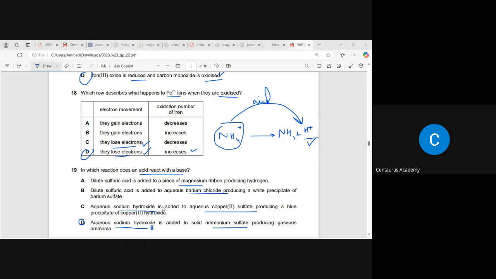The remaining ions are going to produce the precipitate, which is copper 2 hydroxide. So according to the Bronsted-Lowry acid and base, which one is donating its protons and which one is accepting the protons. You have to look at your answer choices in this way, Zoya. Okay. So D here is going to be your correct answer so far.